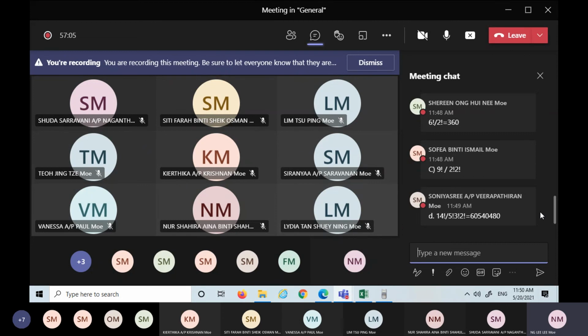S is 1, 2, 3, 4, 5, so divide by 5 factorial. K is not repeated. T, I got 1, 2, 3, so 3 factorial. O got double O, so 2 factorial. M is not repeated. A is not repeated. I think her answer is correct.